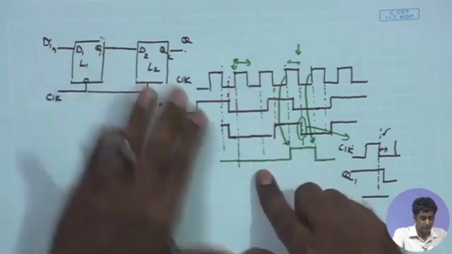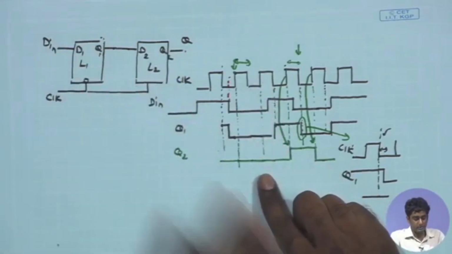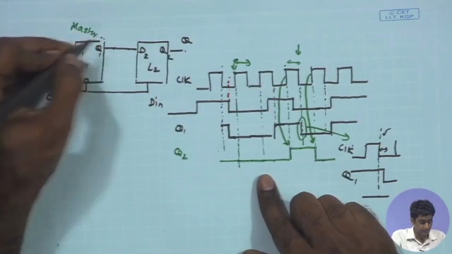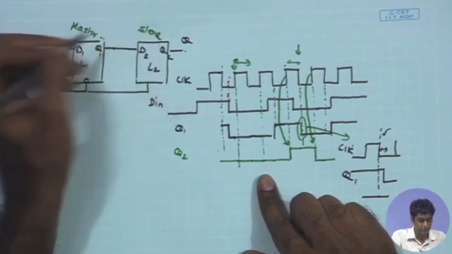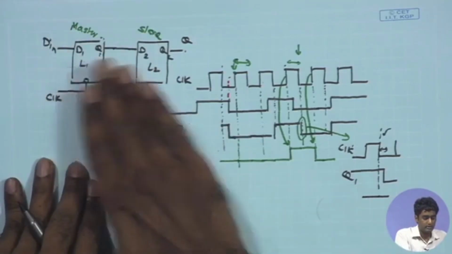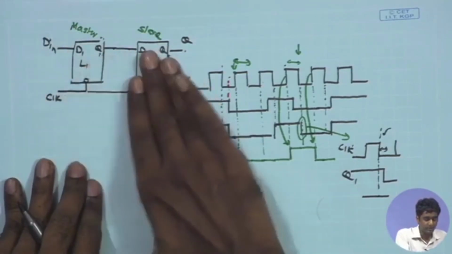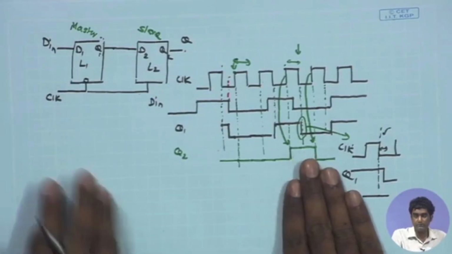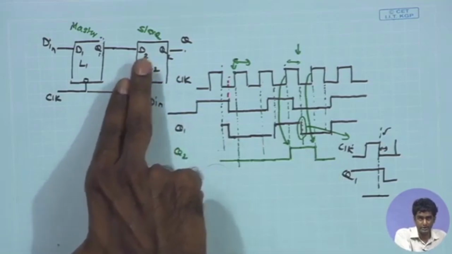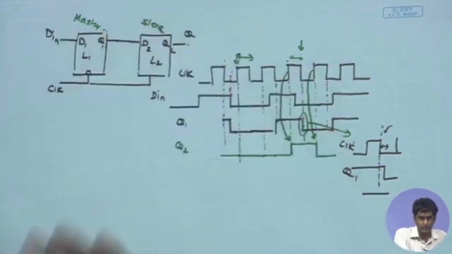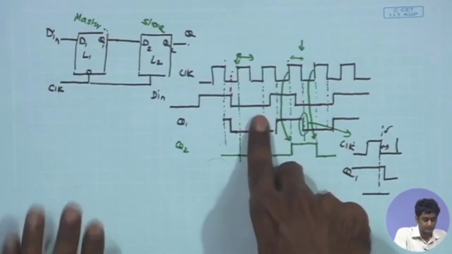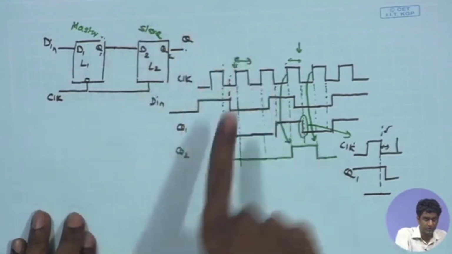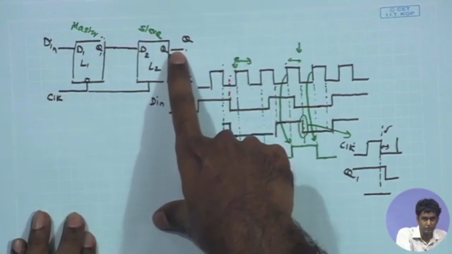So, this is the overall two phase operation, and we call the first latch the master latch and the second one the slave latch. The master slave operation overall achieves the edge sensitive transition for the second stage L2 only when there is a transition in the clock edge, in this case a positive transition, then only Q2 is going to change its state.